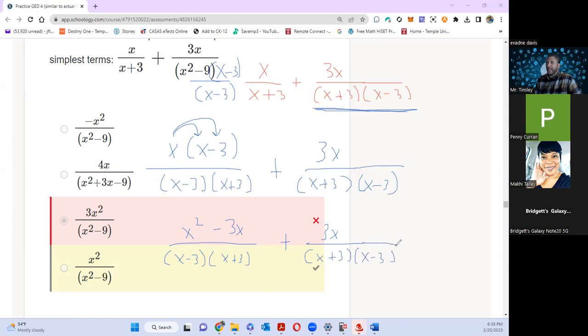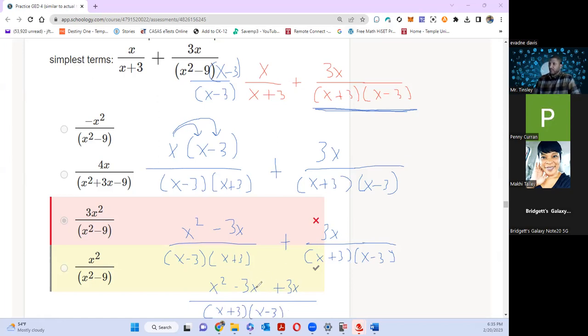When we have the same denominator, we can then combine the numerators. So just like a fraction, once you have a common denominator, you can combine the numerators. So we should have x squared minus 3x plus 3x all over x plus 3, x minus 3. What is 3x minus 3x?